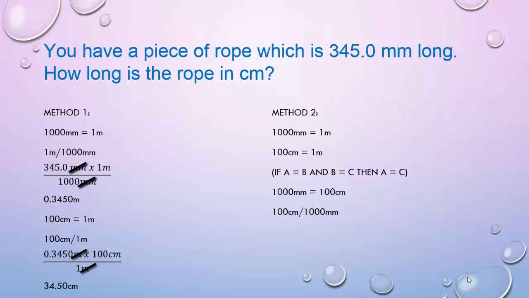So we're going to use the conversion fraction of 100 centimeters divided by 1,000 millimeters. So when we plug this into the equation, we notice the millimeters cancel, and lo and behold, you get 34.50 centimeters, just like before. Either method is perfectly acceptable.